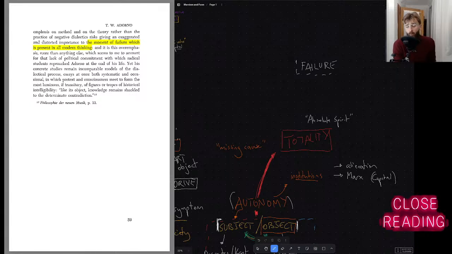Right? Why is it a failure? It's a failure because it fails to properly theorize the world. It's a constitutive failure of dialectical thinking that it fails to properly theorize the world, because dialectical thinking recognizes thought as something that cannot be taken away from the world, cannot be divorced from the world, and therefore cannot be made into a viewpoint through which the world can be fully understood.